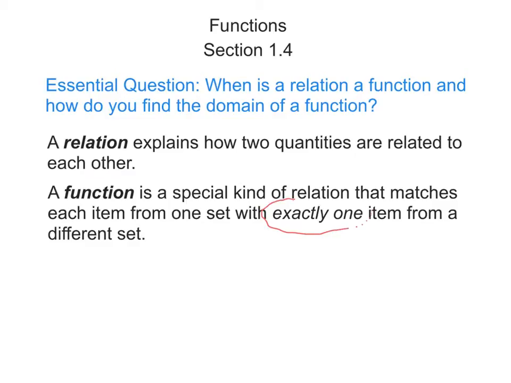That's the key term here, that we have a relation that matches each item of one set with exactly one, that means one and only one item from another set. You can't have a function match one item from one set with two items from a second set. It has to be a one-to-one relation.